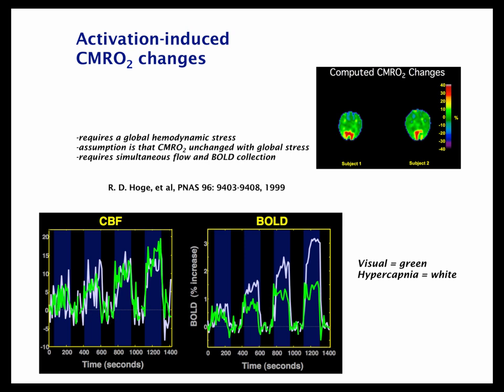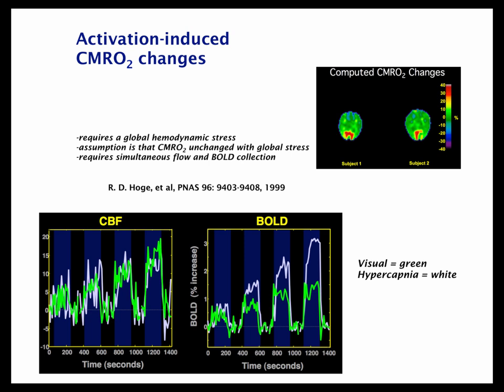You also have a slight increase in metabolic rate, which actually blunts the BOLD signal just a little bit. It pulls it down just a little bit. But if you were to have a global increase in flow without any brain activation, which you can induce by giving a person carbon dioxide or having them hold their breath, then you won't have that signal blunted by any increase in metabolic rate.